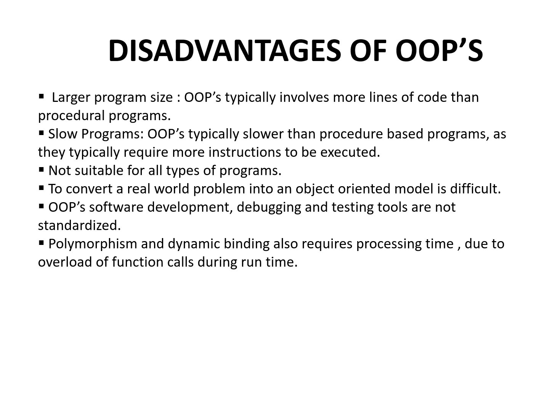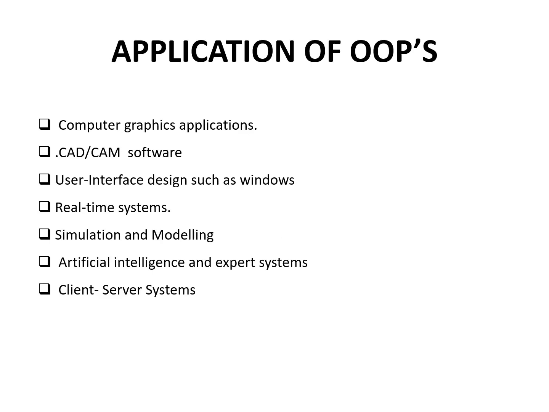In OOPs software development, the debugging and testing tools are highly standardized. We cannot have small, normal testers to test these types of software. Polymorphism and dynamic binding also require processing time due to the overloading of functions at runtime.